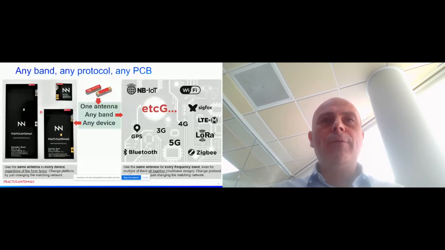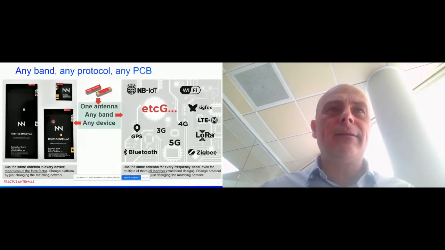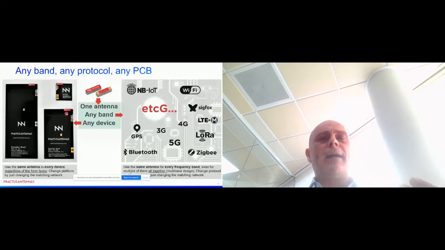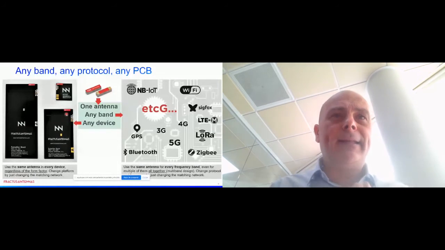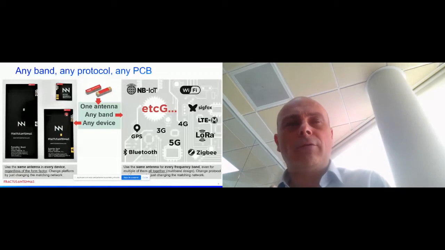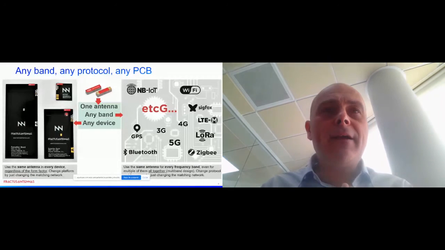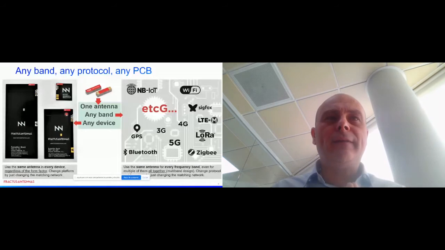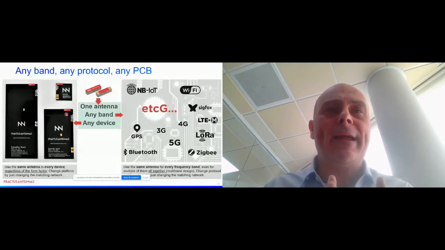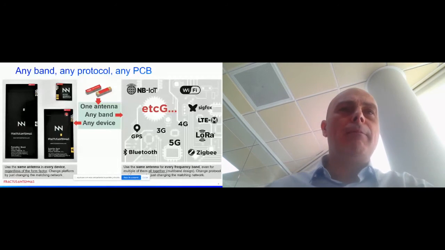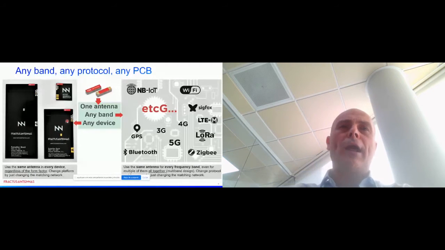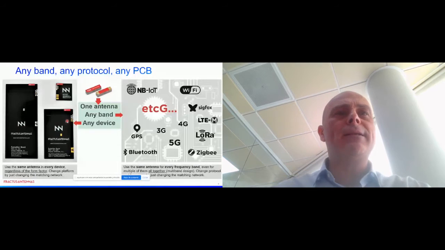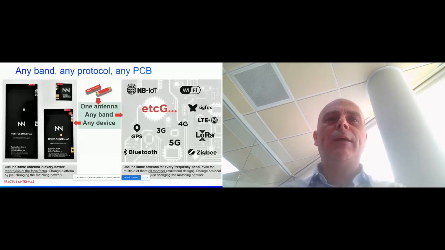Another attractive attribute of virtual antenna is that the antenna booster can operate for any band. It's not the antenna that gives the frequency band of operation, but you, as a designer, can freely choose the frequency bands where you want to operate. For example, imagine you have this device and you want operation at LoRa frequencies, LoRa bands, then you design a matching network for your device, which is easy and fast.